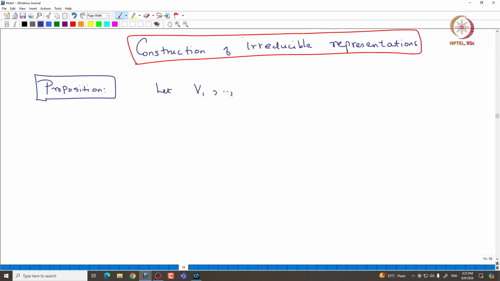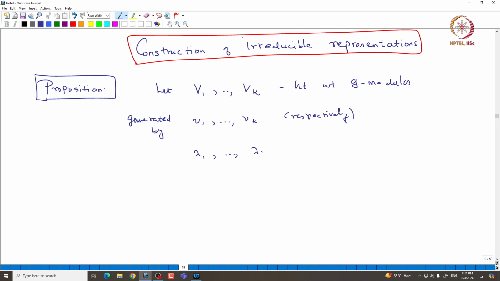Let us say we have k highest weight g-modules V1, etc., Vk, generated by v1, etc., vk respectively, and their highest weights are given by lambda 1, etc., lambda k.